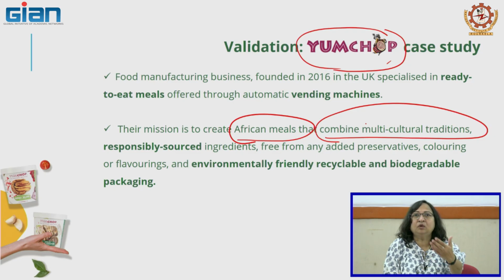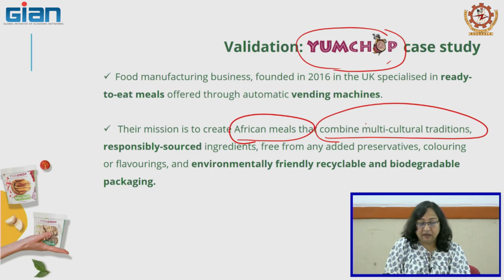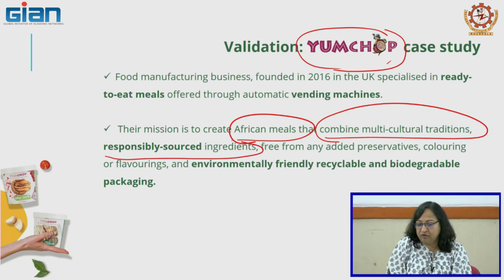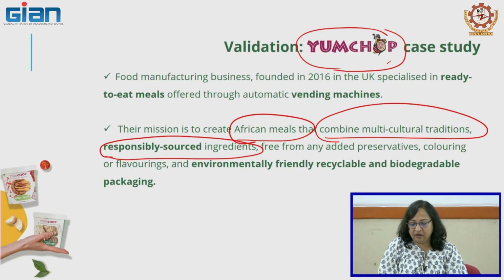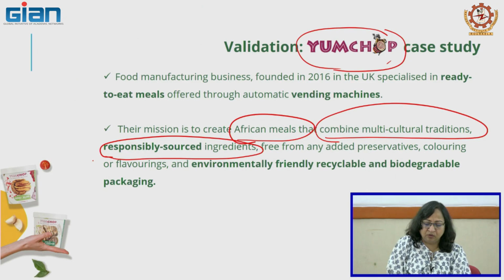they are mixing different spices in order to make sure that they are catering to the greenness of the country, because in the UK everything should be responsibly sourced. So, the product should come from fair trade products. The ingredients they are using in the mix, assembly and processing should be responsibly sourced.